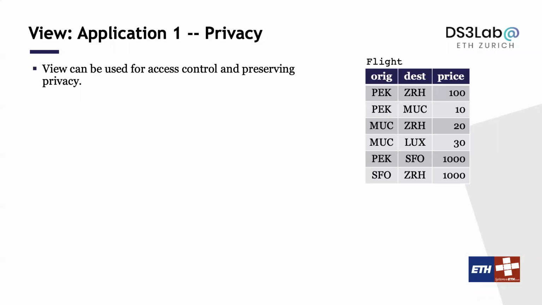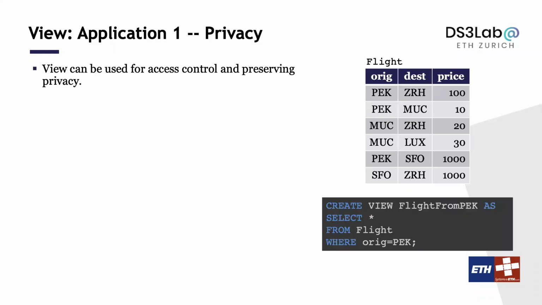So you have the flight table, right? So assuming you have someone in your organization who is only supposed to see all the flights from PEK, but not from other cities, right? So in that case, you cannot give that person full access to the flight table, right? Because in that table, there are flights that you do not want that person to see, right? What can you do?